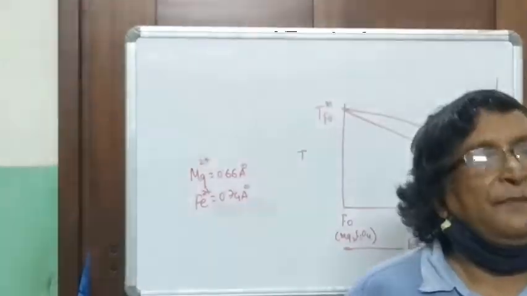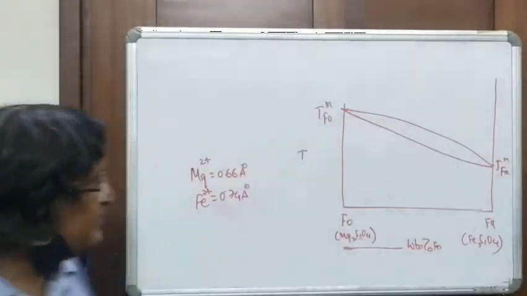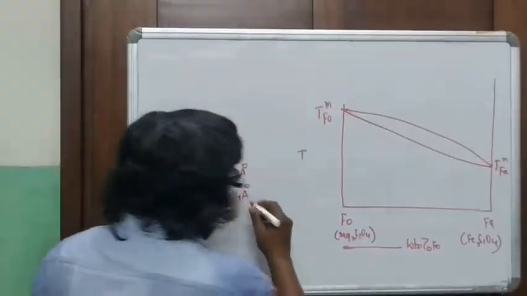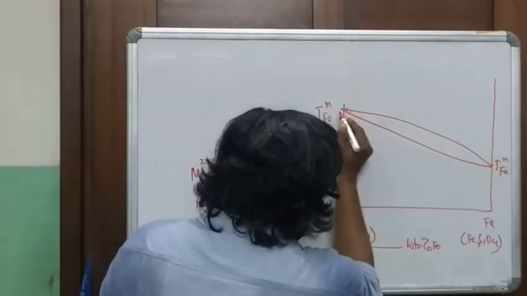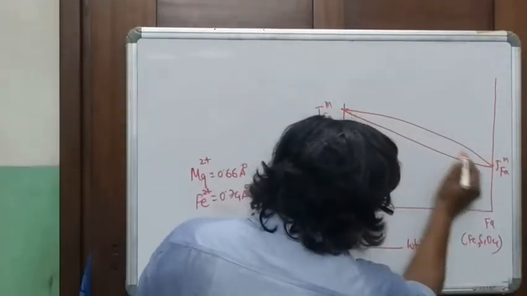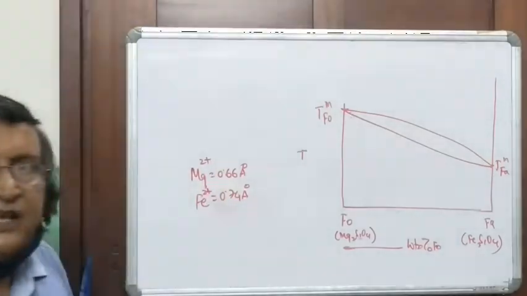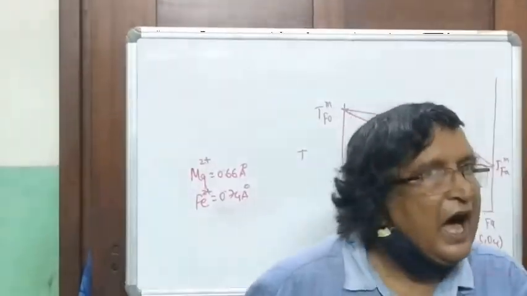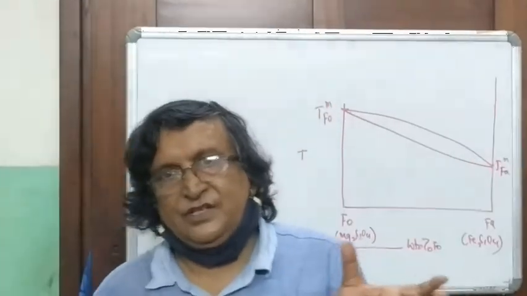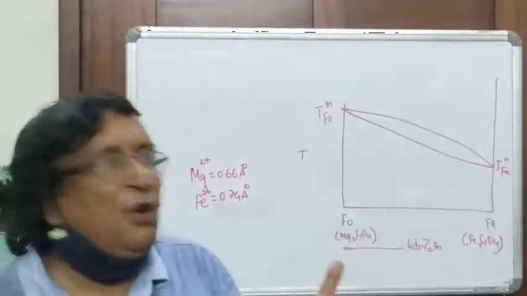There is no coupled substitution. So what happens is that because of this slope, which is a very uniformly sloping solidus and liquidus, the features that you see in plagioclase are not seen in olivine.